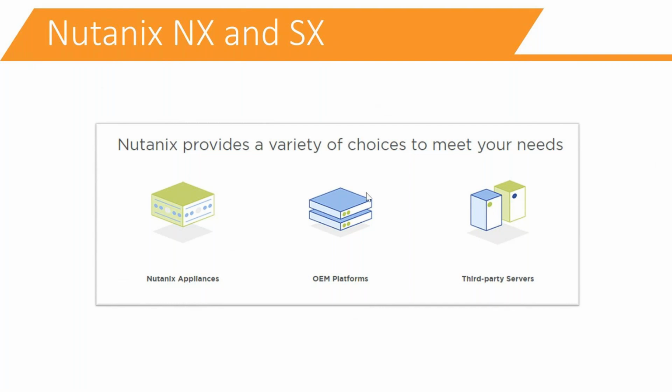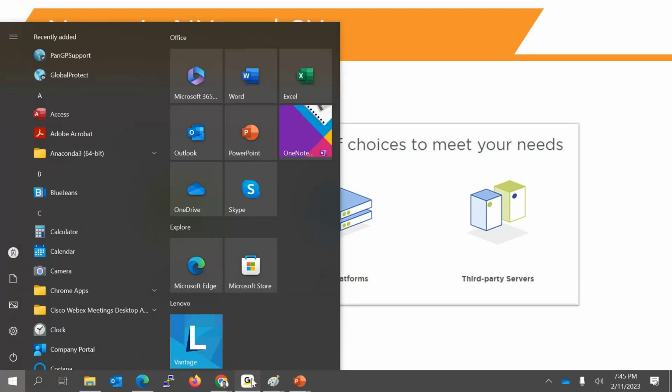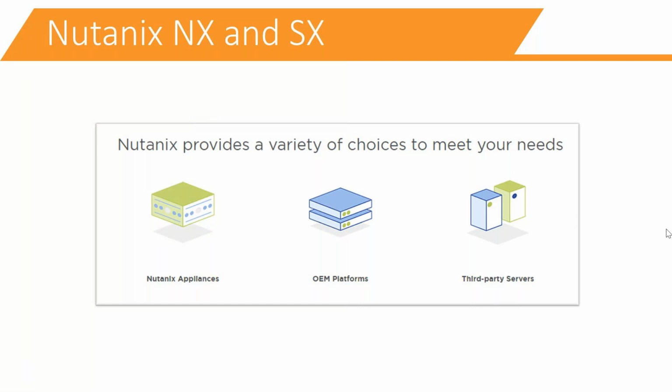So the difference here is if you order Nutanix hardware, if you order the NX platform, the AHV hypervisor gets installed by default on this appliance and is sent to you. Okay.